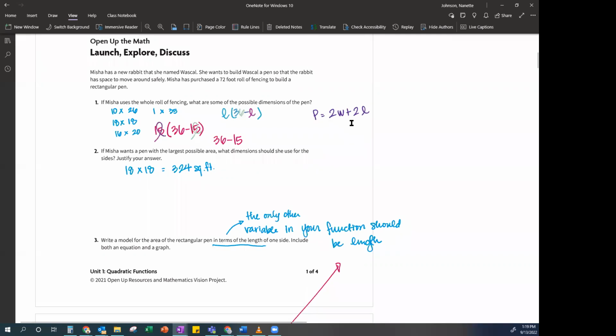You would subtract 2L from both sides. We go P minus 2L equals 2W. And then we would divide each side by 2, right? And then so W equals P minus 2L over 2. But in this case, they told you that P was 72. That's our perimeter, right?